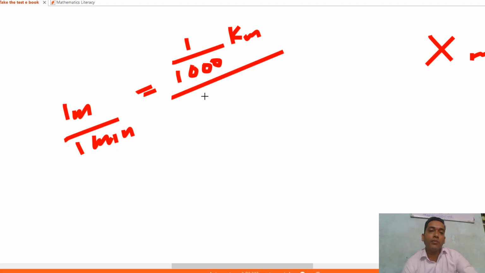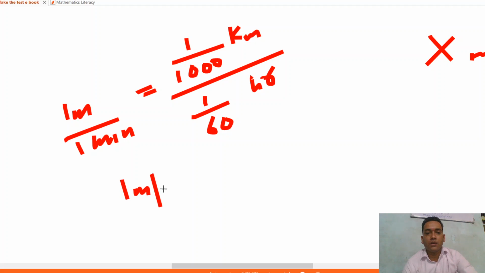Similarly, in 1 minute we have 1 by 60 hours. This is the logic behind whatever I have told you earlier. So 1 meter per minute I am converting into kilometer per hour.